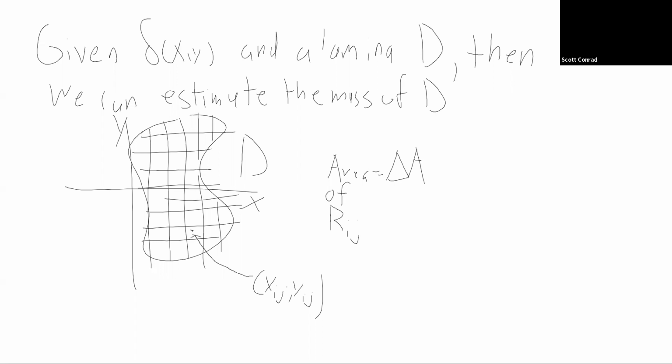So the R_ij-th rectangle has area delta A. And so if we pick a small enough rectangle, if our density function is continuous, which we're going to assume it is, then the density is almost constant on that rectangle. Right? If you have a continuous function and you can only move a very small amount in any direction, the function is not going to change much at all.